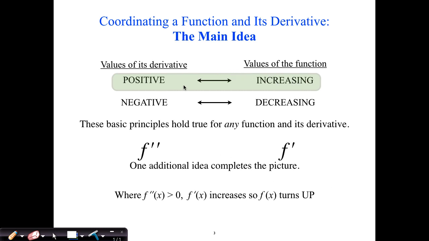But if I have, like this first example here in green, if my original function is increasing and its derivative is positive, and my original function was an accumulation, then this would mean going uphill.